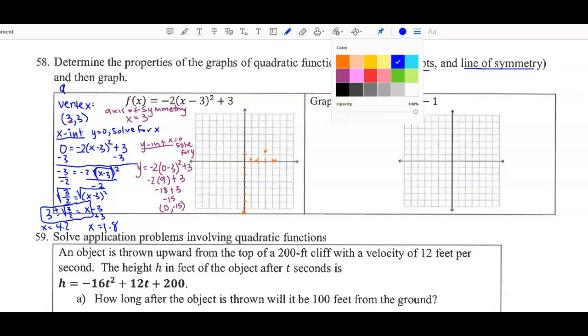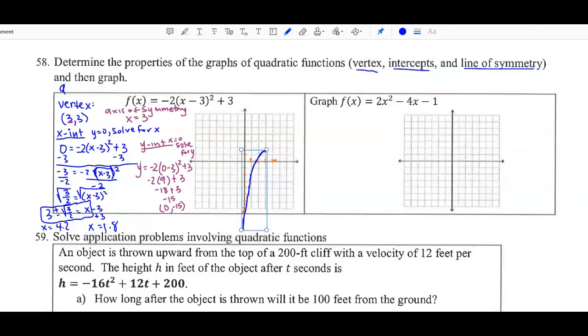So here's my vertex, and it's going down through that, and then down through our y-intercept, and then over like this. Okay. And then my axis of symmetry, I said, is this line x equals 3. Looks like a very strange arrow.